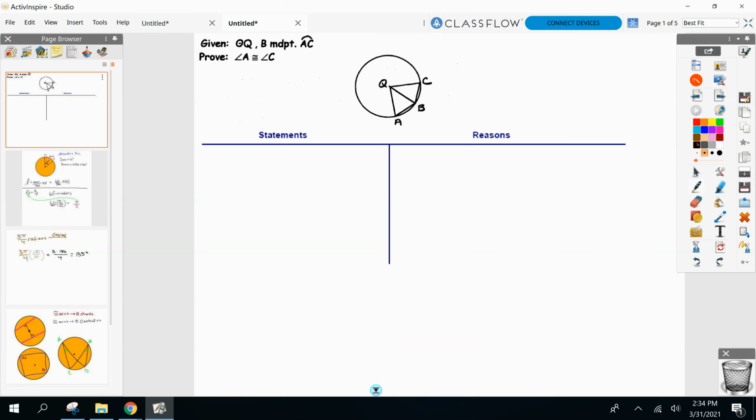All right, so you guys want to help me prove the triangles congruent here? I am given that B is the midpoint of arc AC. You can take that first given and tell me what's true then.